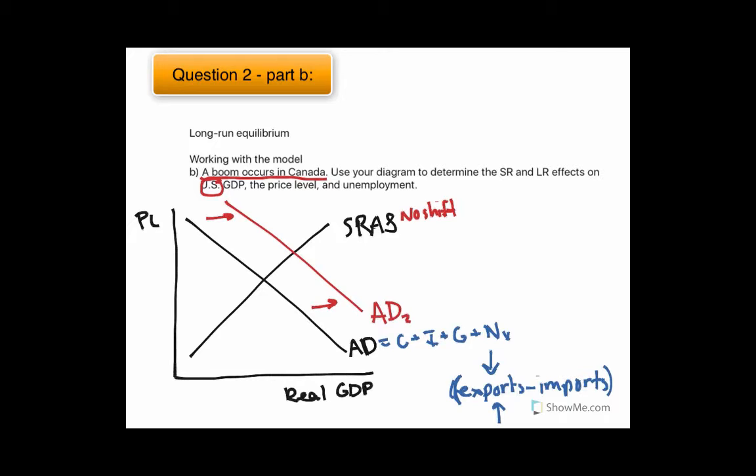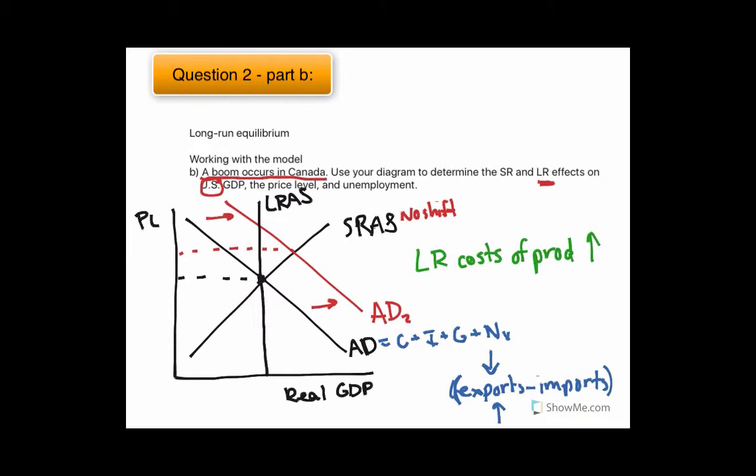Now again, we want to talk about the long run effects as well. So we started in long run equilibrium right here. So this was our long run aggregate supply. In the long run, costs of production increase for the same reason that workers can demand higher wage and other resources will adjust to the higher price level that we have.